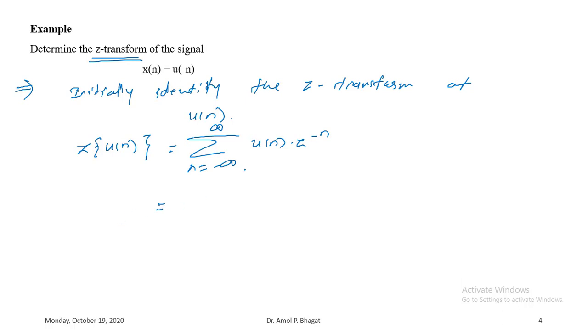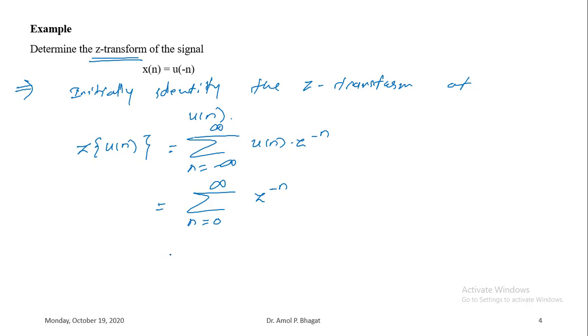Here I can take the summation limits from 0 to infinity instead of minus infinity to infinity, because for negative values of n, u of n is 0. For n greater than or equal to 0, u of n is 1, so it will be simply z to the power minus n.